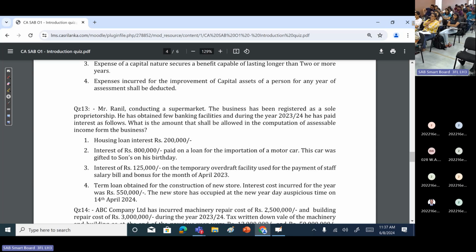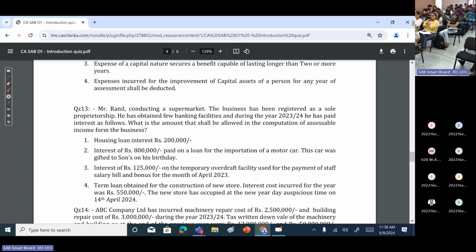This car was gifted to his son on his birthday. Interest of rupees 125,000 on the temporary overdraft facility used for the payment of staff salary bill and bonus for the month of April 2023. The term loan obtained for the construction of a new store, the interest cost incurred for the year was rupees 550,000. The new store was occupied at the new year, the auspicious time, on 4th April 2024.